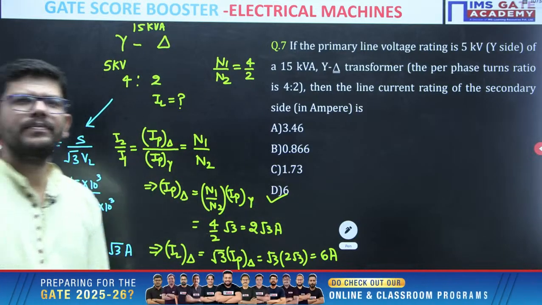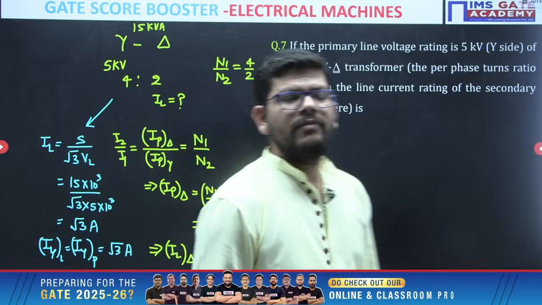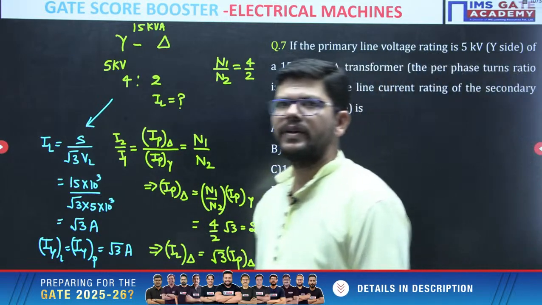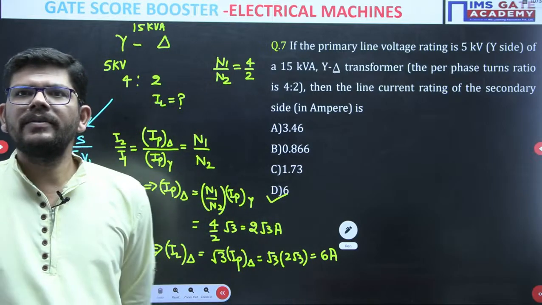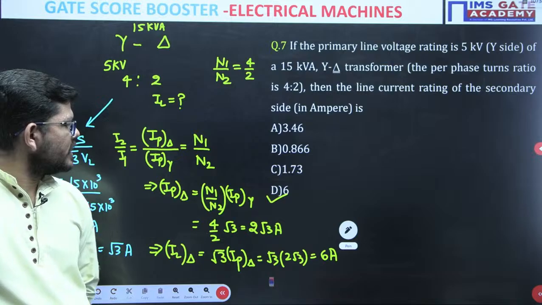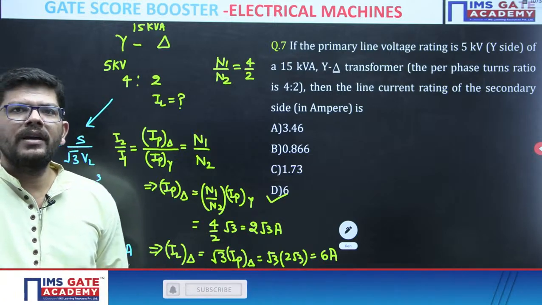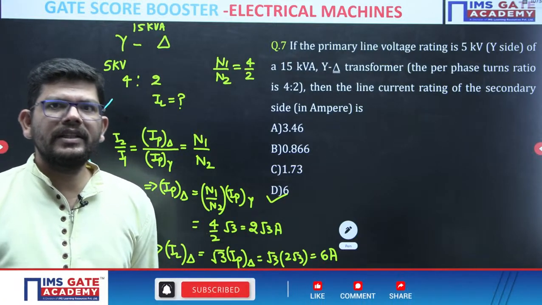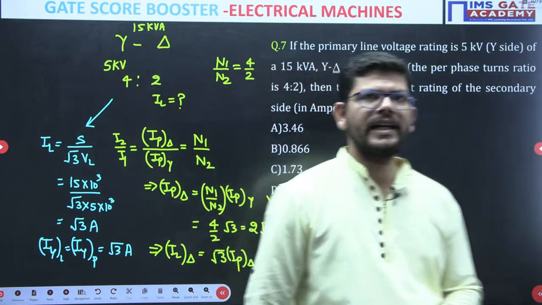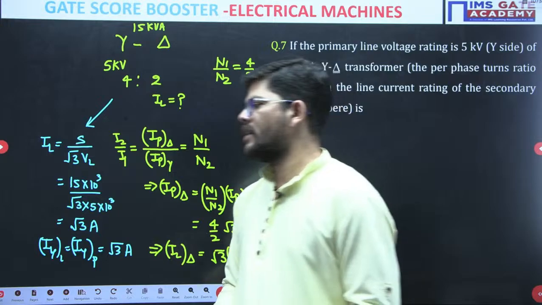Got it? And what you have calculated is also there in the options, so be very careful. You all have calculated the phase current, okay, very good. With 3 phase problems, just be very careful what has been asked, line or phase, correct.